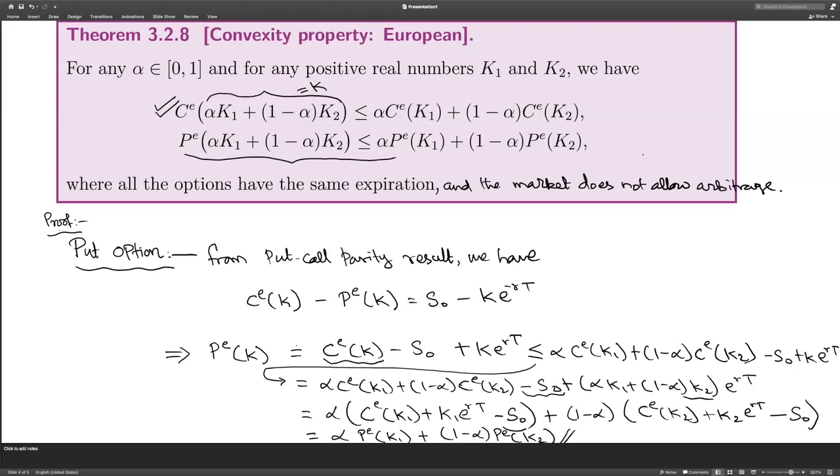So this is precisely what we want to show as the convexity property of the put option price.